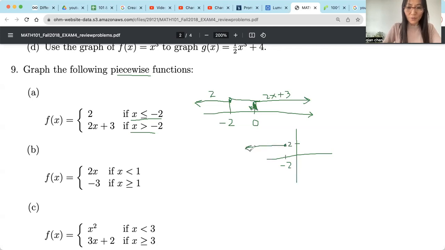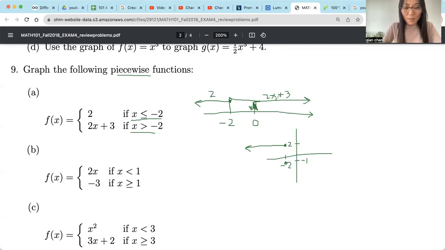Horizontal line until infinity. 2x plus 3. So at -2, -2 times 2, that's -4, -4 plus 3, that's -1. So the graph starts somewhere here. Okay, let's see, this is -1, but with an open circle, because -2 is not in the domain of this one.